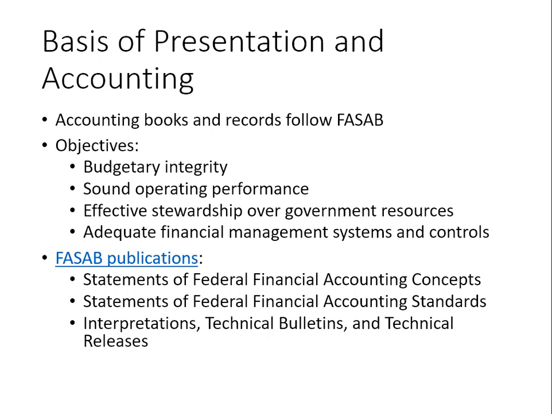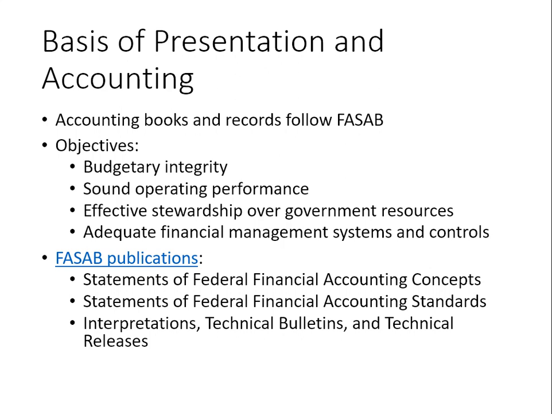Accounting books and records are going to follow the FASB standards. The objectives of FASB standards include the budgetary integrity, sound operating performance, effective stewardship over government resources, and adequate financial management systems and controls. So it really covers a wide variety of objectives, including the standard budgetary integrity.